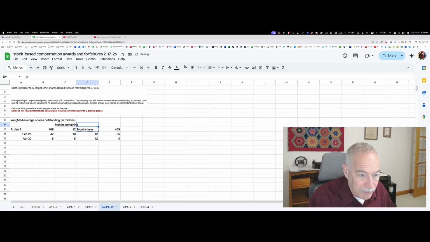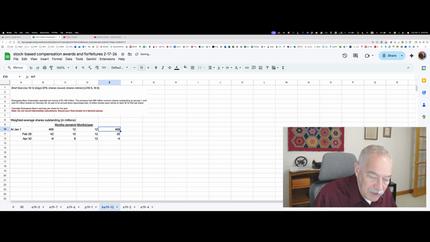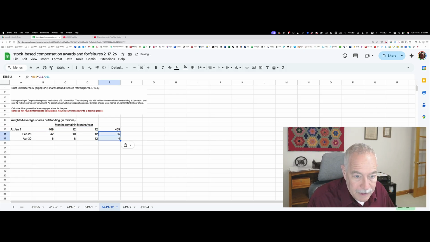And I'll move this up here. And 12 months in a year. And so in each of these cases, it's going to be the beginning times the numerator divided by years. And then I'm going to copy this down here.